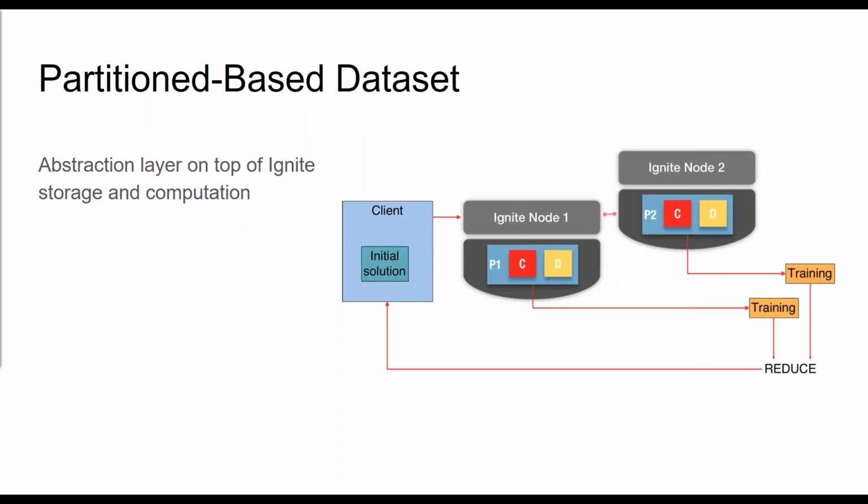Let's talk about the partition-based dataset, our main structure. Apache Ignite now supports the partition-based dataset, as I said, and this is an abstraction layer that sits between a machine learning algorithm and the storage and computation. It uses a MapReduce-like operation for computation and cache backups for fault tolerance.